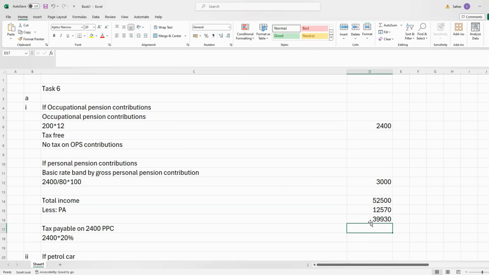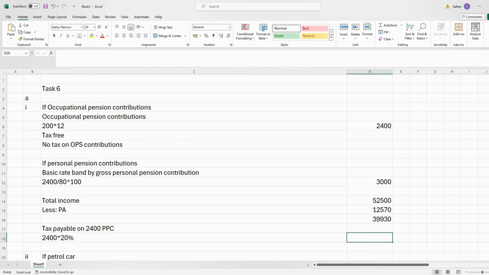Now remember, the normal basic rate band threshold is 37,700, and if you add 2,400 or 3,000 essentially, but even if you add just 2,400, that's more than the taxable income.